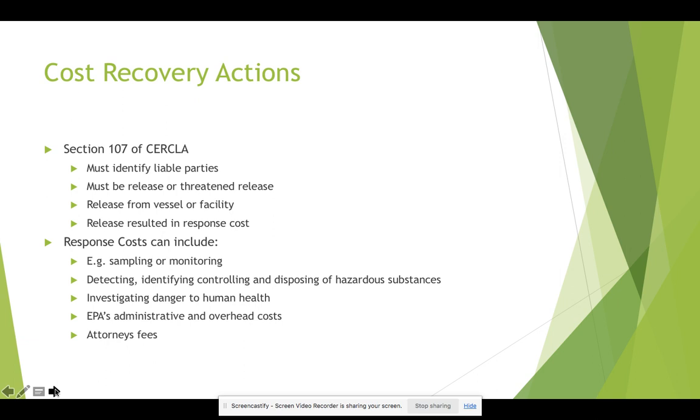So, cost recovery action. If somebody has done a cleanup of toxic stuff, Section 107 of CERCLA allows for recovery of those costs. So you have to identify the responsible parties, and it has to be an actual release or threatened, like imminent, from a vessel, right?